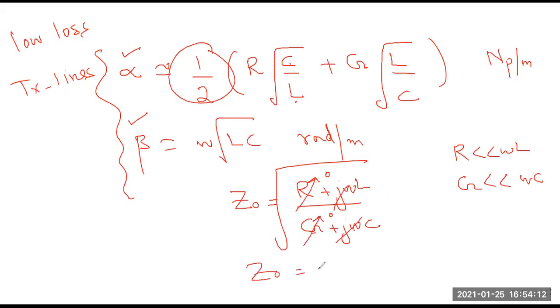So Z naught for a low loss line is approximated to be equal to under root L by C, and you can see L by C is a real number.